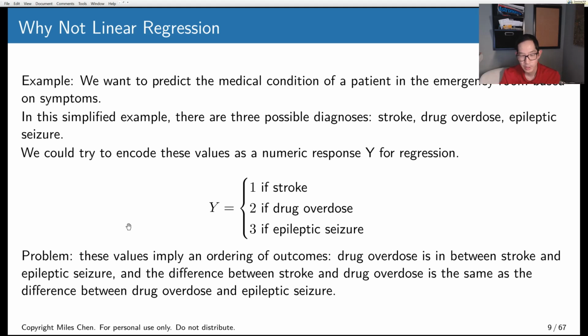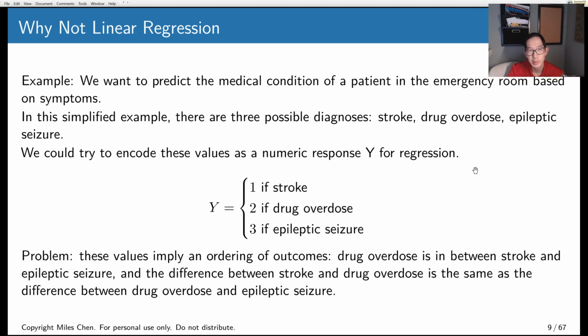Okay, and so what we want to do is fit a model. And you might wonder, as far as classification goes, why can't we just use, say, linear regression? So here's another example. Let's say we wanted to predict the medical condition of a patient in the emergency room based on the symptoms.